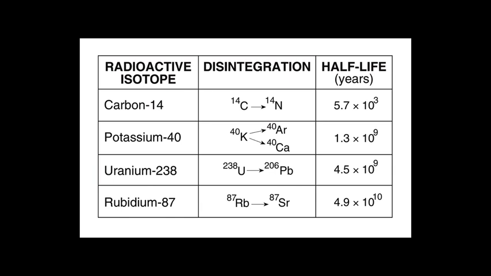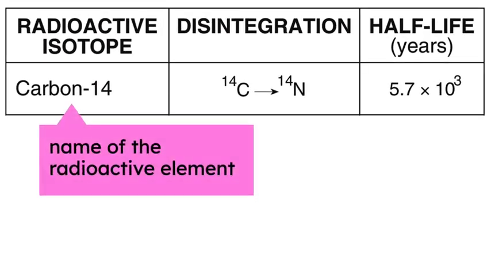Now, you'll see the chart shows 4 common radioactive isotopes on Earth. These are all useful for dating the various ages of different materials, from the oldest rocks to more recent organic matter. Let's zoom in and look just at the first row, which is carbon-14.